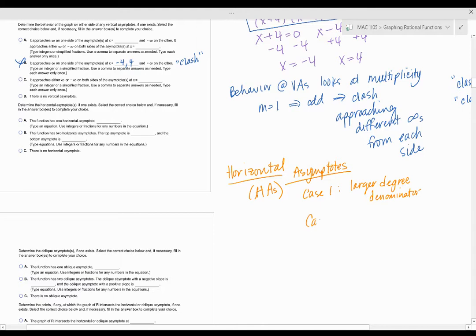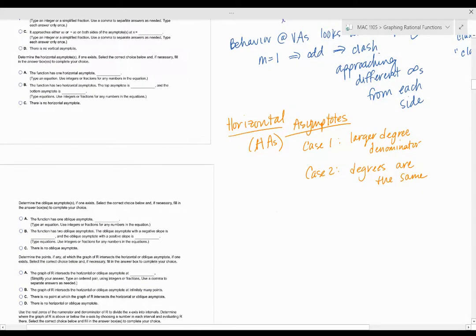Okay, case 2 is if the degrees were the same. So if we look at our function from above, it was r of x equals 9 over x squared minus 16.